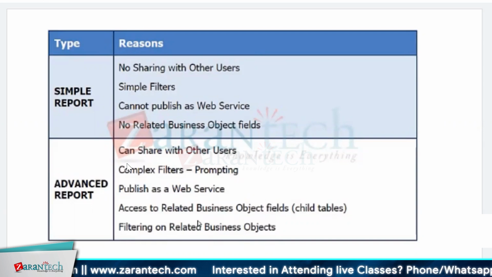I don't know if I talked about it last time, but the report definition is your configuration of the report. Once you share that report definition, others can run the report and see the results as well. You have a lot more filtering, so you can create prompts on the report.